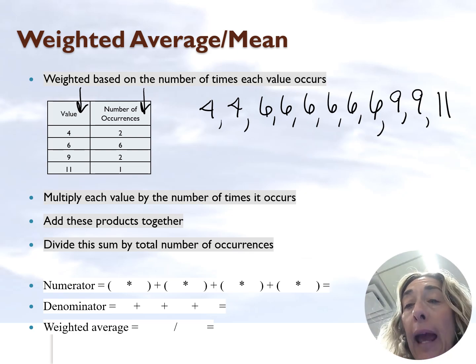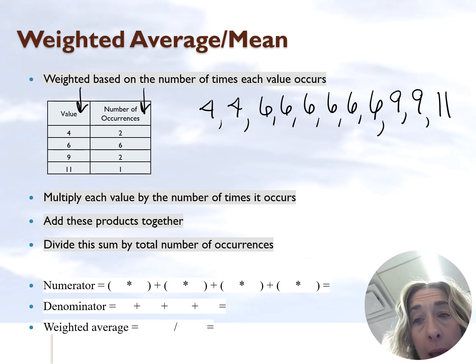Now, I could get the average of that by simply adding up those 11 numbers, of which there are 11, and dividing by 11. However, another way to do that, by using the table information directly, is as follows.